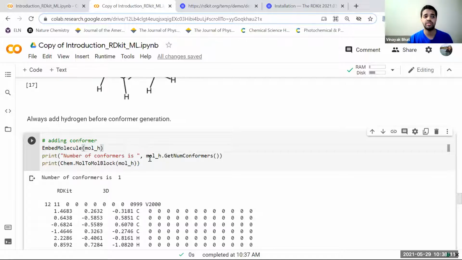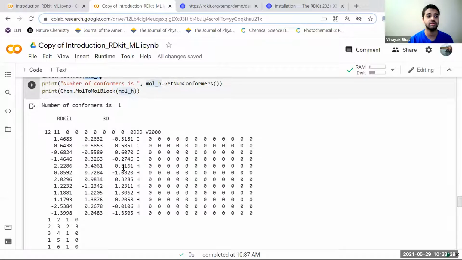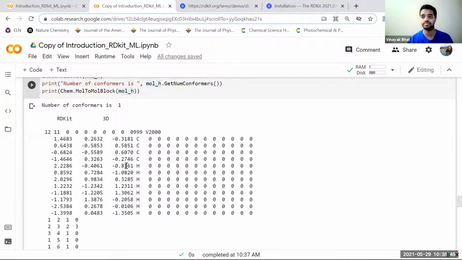This is a very good topic of research that people try to do, to find the most stable conformer. People have been writing code for that, but this is just one conformer that we get out of RDKit. So we say embed molecule and pass in the molecule, and make sure you always add hydrogens so that the generation of the molecule is better. And now we see it's a 3D, and we have X, Y, Z coordinates, all of them. The Z coordinate is no longer 0.